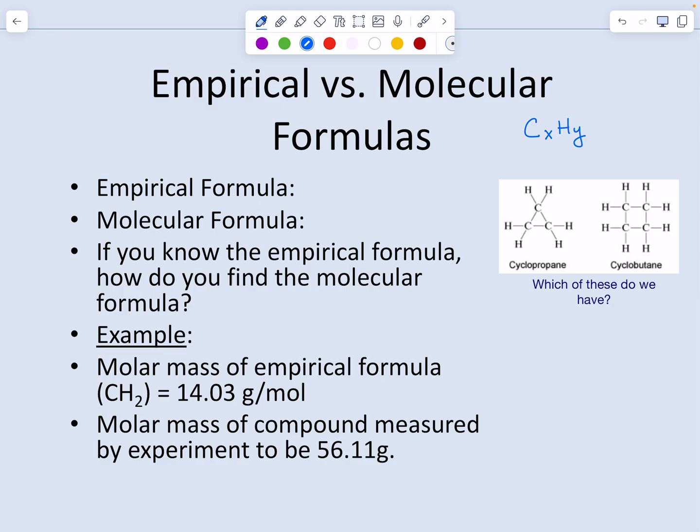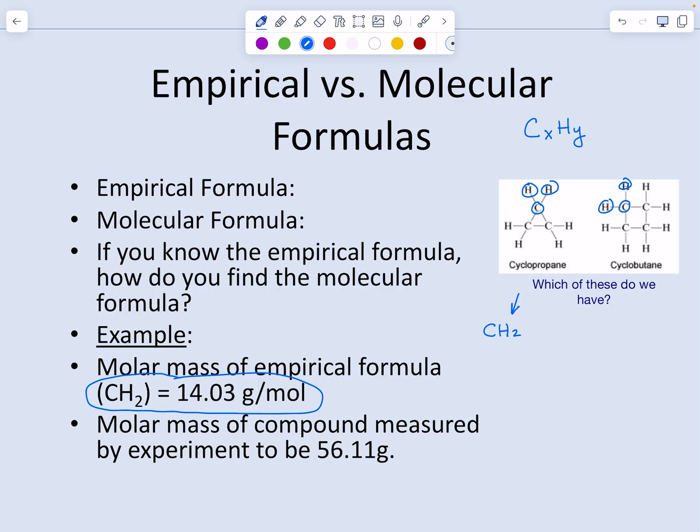So if we have our empirical formula, in both of these cases we have 2 hydrogens for every carbon, right? So cyclopropane has its empirical formula, CH2.